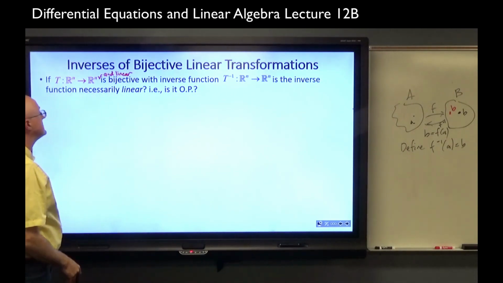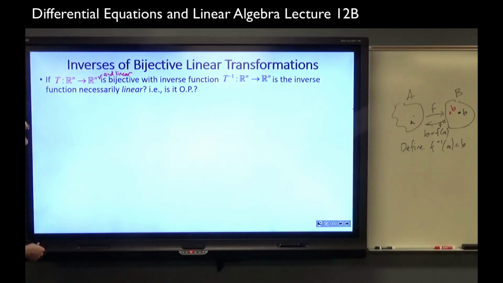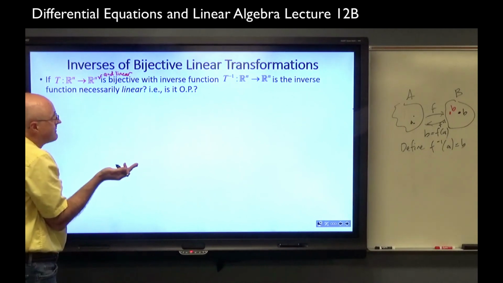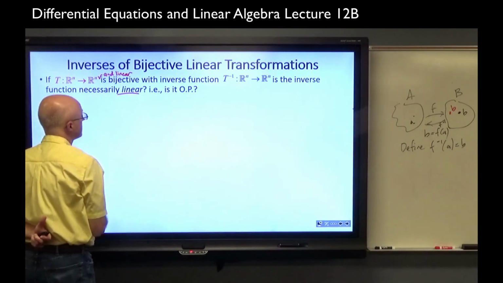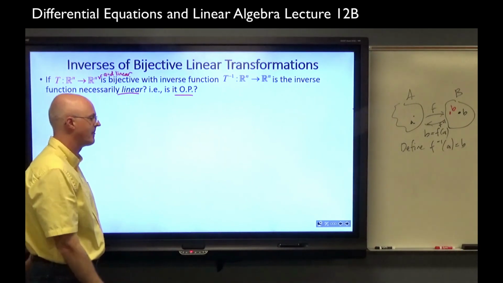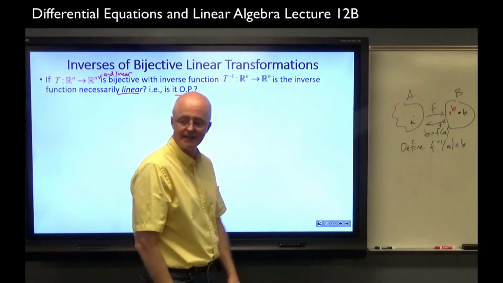Another mistake I need to fix before I put it in the Google Drive. Is the inverse function, which will exist by what I've just talked about, necessarily linear? In other words, is it OP, operation preserving? I'm going to show you the argument for this, that it is operation preserving.